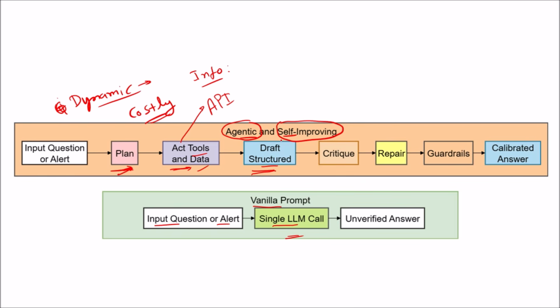After that, the self-improving part takes control. The self-improving part actually works like a built-in quality control system. Again, it uses three different phases. The first phase is critic.